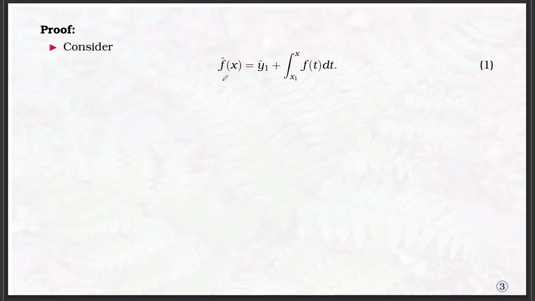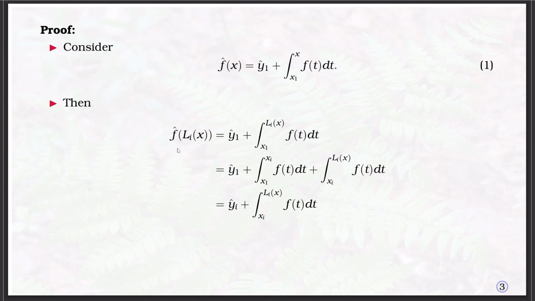Consider this definition of the integral of the fractal interpolation function, the integral from x1 to x of f of t dt over the region x1 to xn. Now we apply Li of x instead of x. So this term becomes y1 cap plus the integral from x1 to Li of x of f of t dt. There is no change in the lower limit, since Li of x1 gives x1.